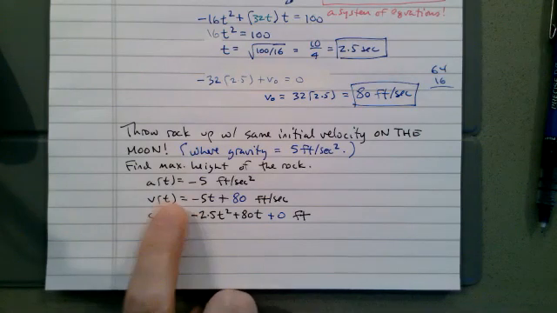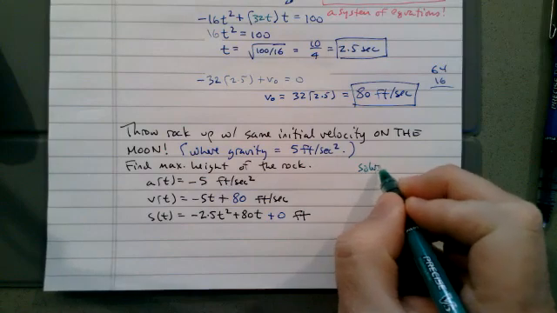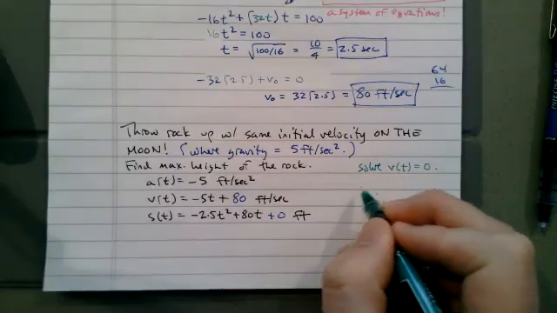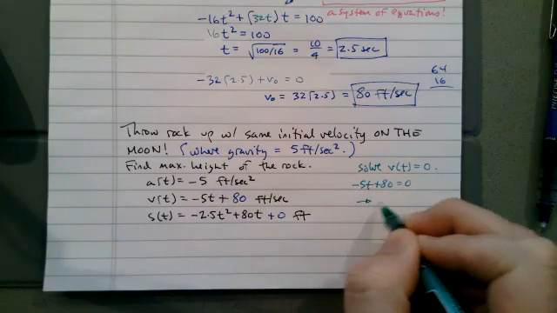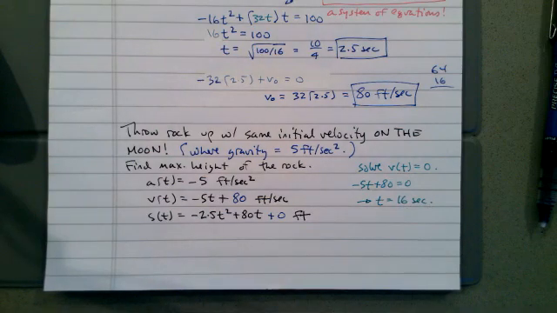We could find that by taking the velocity function and setting it equal to 0 and solving. So the maximum height occurs when the derivative is equal to 0. So I'm going to solve v of t equals 0. So negative 5t plus 80 equals 0 gives us a t of 16 seconds. So instead of just going up 2.5 seconds, now we're going to throw the rock up, and it's going to go up for 16 seconds.